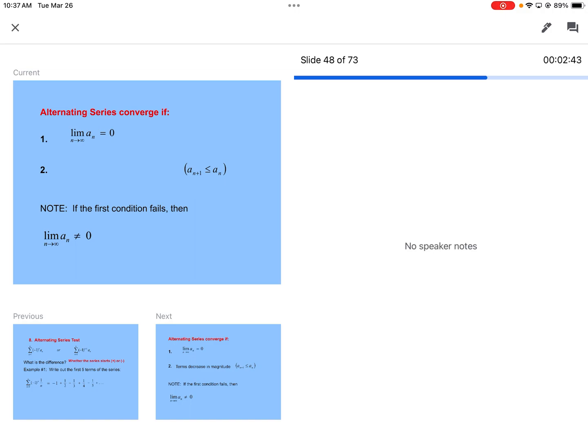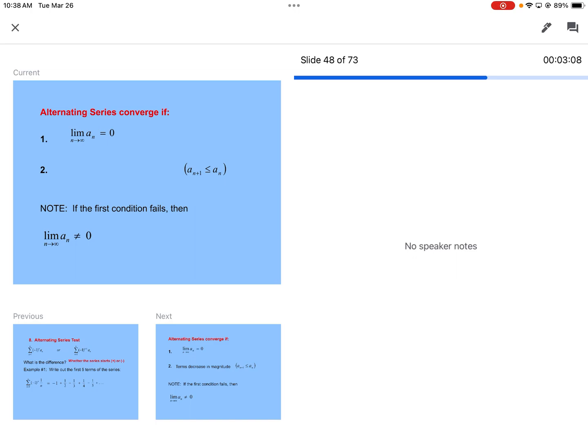What does that make us think of? What other test? The nth term test? Okay. The nth term test tells us that if it doesn't equal 0, it diverges, right? So this one, it's equaling 0, which by itself doesn't mean that it converges.